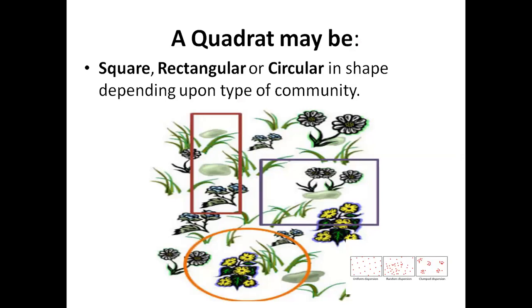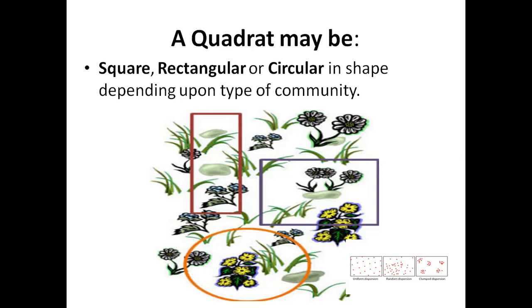For example, if the species are uniformly dispersed, randomly dispersed, or clumped, it indicates something. If clumped dispersion is there, it means that they are associated with each other, and if they are uniformly dispersed, it means that they are not associated with each other.